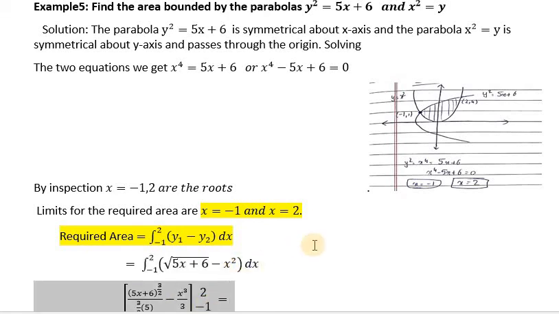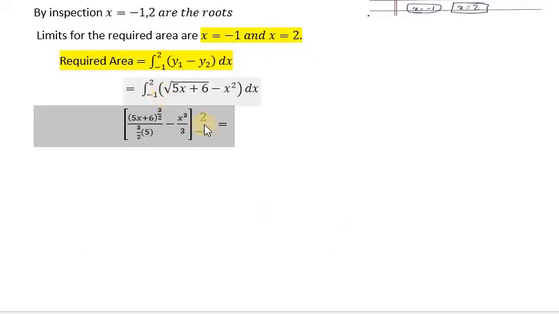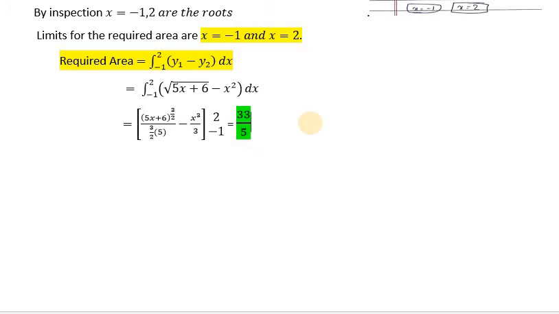Now by simplifying, the integral of root of 5x plus 6 is (5x plus 6) to the power of 3 by 2 divided by 3 by 2 into 5, minus the integral of x square, which is x cube by 3. Now we have the limits minus 1 to 2. First let us apply the upper limit and lower limit and simplify.